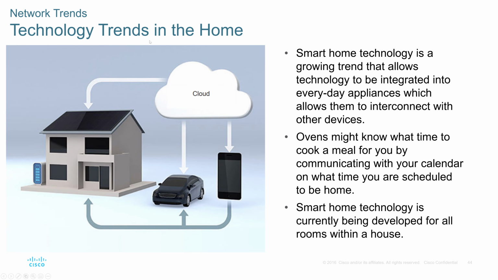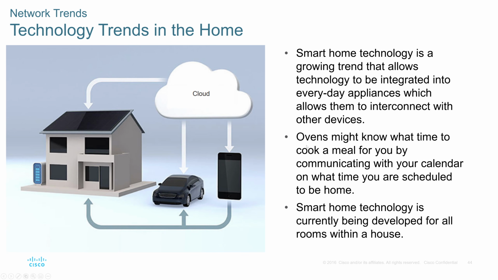And in terms of technology trends in the home, smart home technology is a growing trend that allows technology to be integrated into everyday appliances, which allows them to interconnect with other devices. I have been automating my home with a bunch of automation tools using Z-Wave compliant systems, just to turn the lights on and off from my cell phone. I can check if my garage door is open or closed using my cell phone, for example.